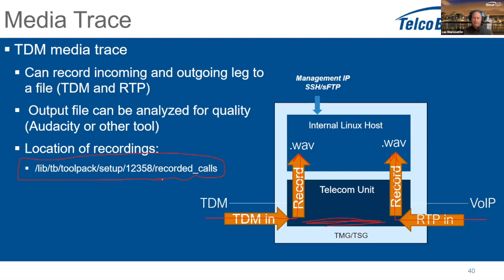So you can see if the noise is coming in from outside the network here, RTP or TDM, and you can debug this. We've used it before as well to debug some fax processing. There were problems with fax, so we can record the data here and be able to figure out why the fax is not working.